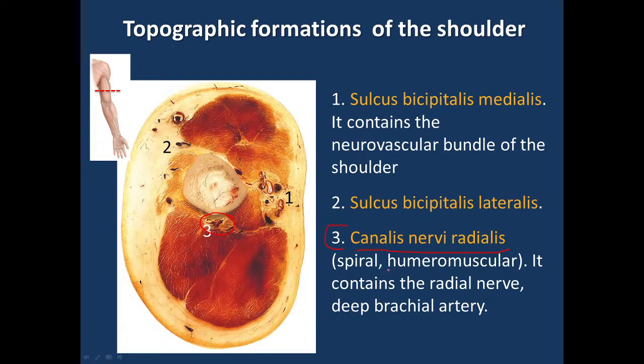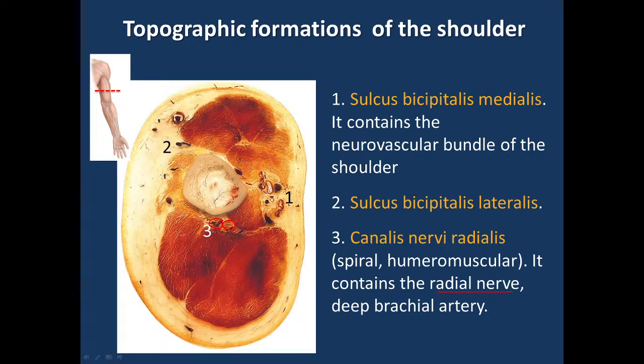Sometimes we call this topographic formation, it is a synonym, the humeromuscular channel, and it contains, as you see here, the radial nerve and the deep brachial artery and vein.